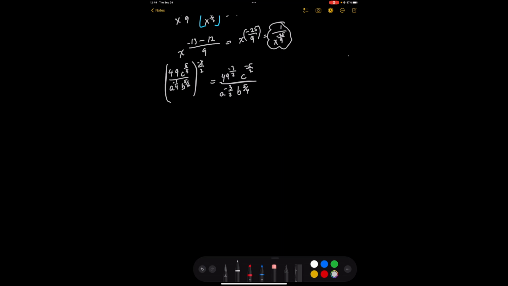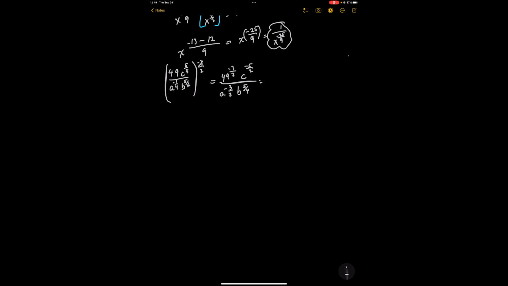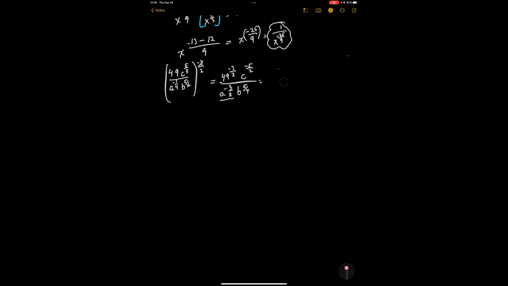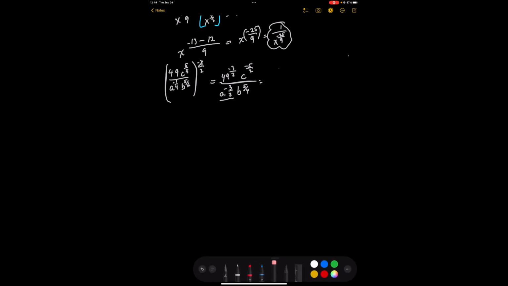Okay, now I can do something different. What I can do is rewrite this as 49 to the negative 3 halves times c to the negative 5 halves, and because I have a negative on the bottom, I'm going to put it on top, that says times a 3/8. Actually, no. Hold on. Let me do it better. Everything negative, I'm going to put them together.